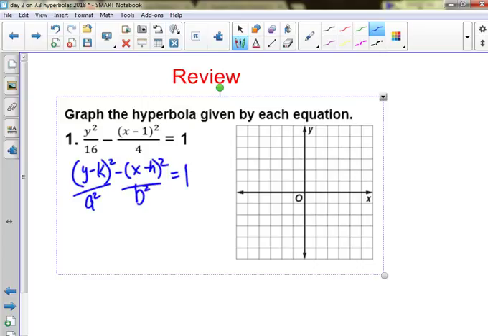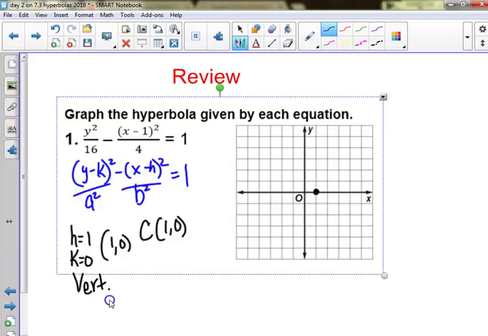All right. So what's h and what's k? Okay, so the vertex is at 1, 0, or the center, sorry. So right here is the center. But the vertices, which way is this one going to open if it starts with a y squared?